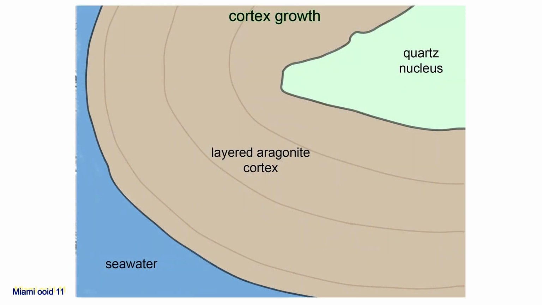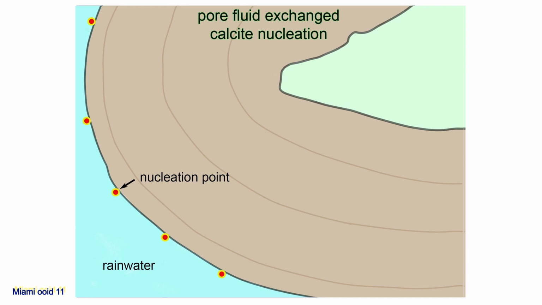Ooid 11 grew its layered aragonite cortex while suspended during its transportation in seawater. Raised above sea level, its pores first became flooded with undersaturated rainwater.